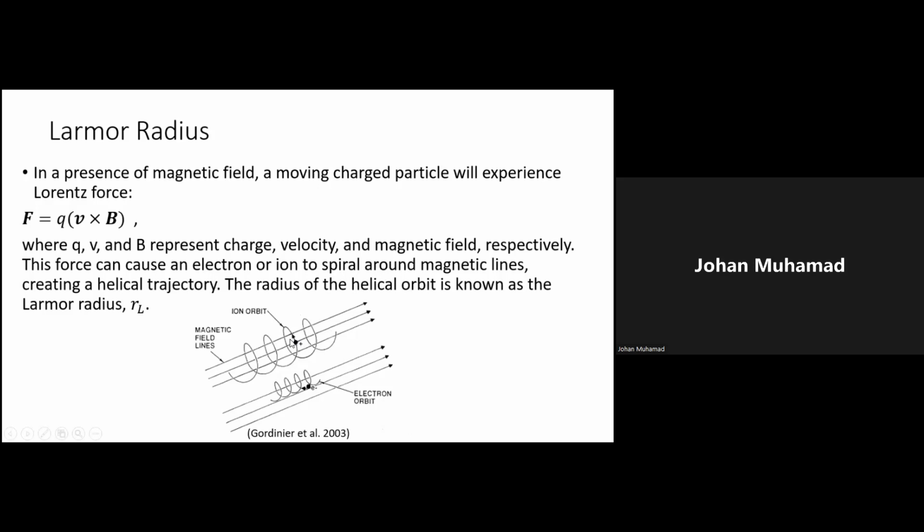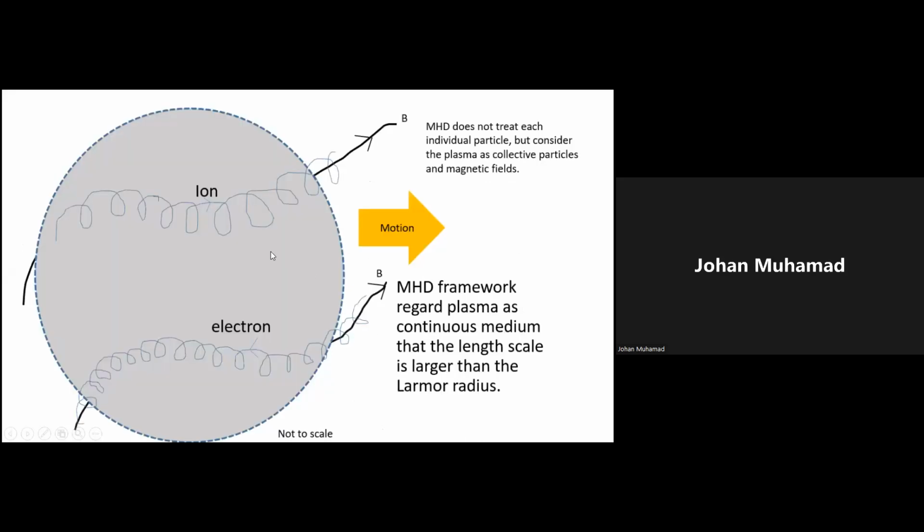The radius of this gyration motion we call the Larmor radius. Maybe this image is not very good, but if we have an ion moving in a magnetic field like this, we have a gyration motion of the ion and also the electron.